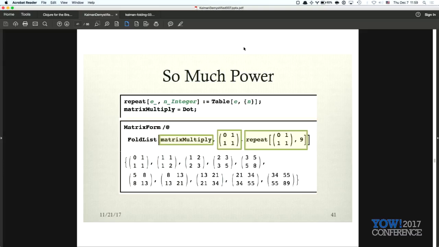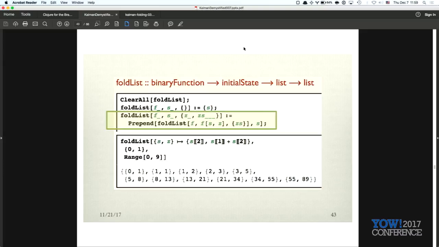Why not any binary function? In fact, any binary function works out. It turns out that there's a little matrix 0, 1, 1, 1 that if sequentially multiplied by itself or raised to a matrix power yields the Fibonacci numbers in the second row. So let me talk a bit about folding over arbitrary sequential data.